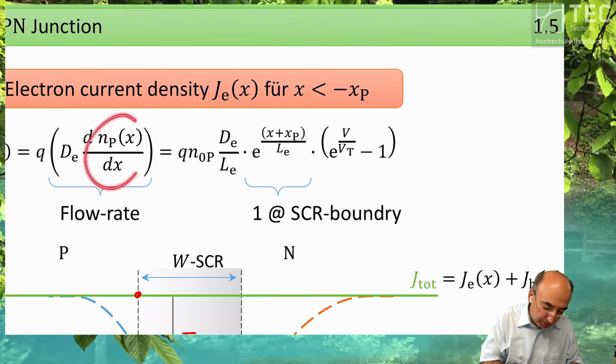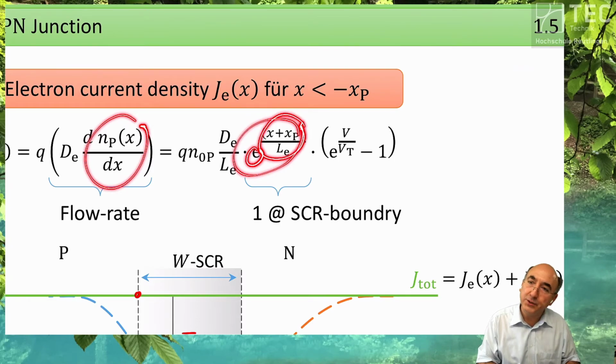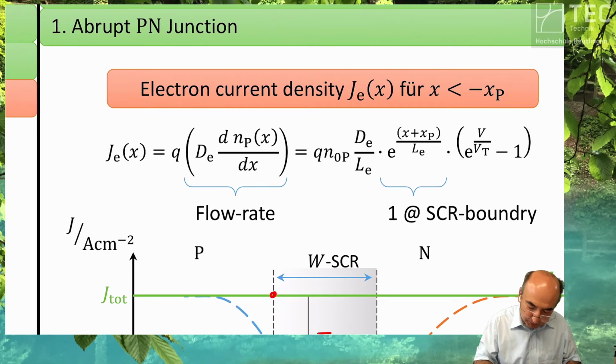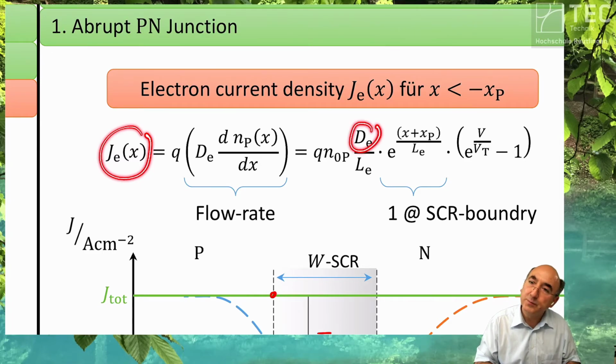Okay, the first derivative of an exponential function is again an exponential function, and the derivative of the internal function gives us some values. And these additional values are given here. So we get into the current the diffusion constant and the diffusion length.